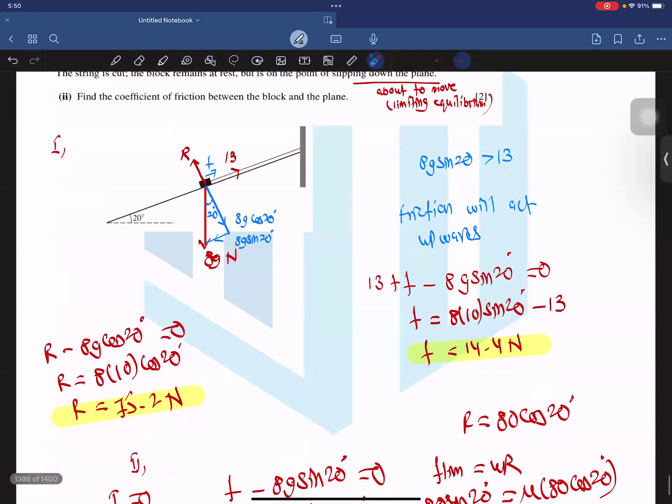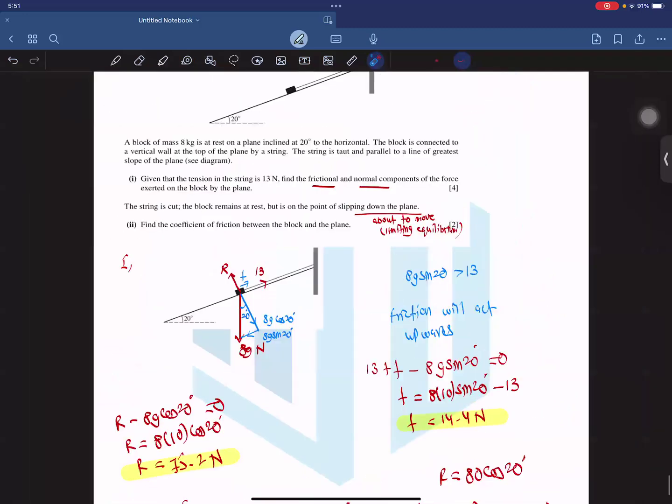We resolve the forces perpendicular to the plane. So R minus 8g cos 20 is equal to 0. This means R is equal to 8 into 10 into cos 20. Therefore, the magnitude of R is 75.2 Newton.